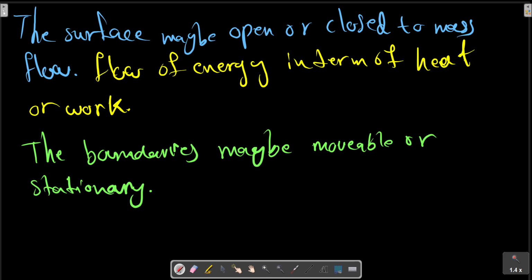In the case of a control surface that is closed to mass flow, so no mass can escape or enter the control volume, it is called the control mass.